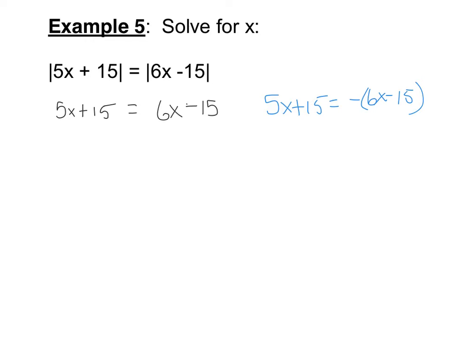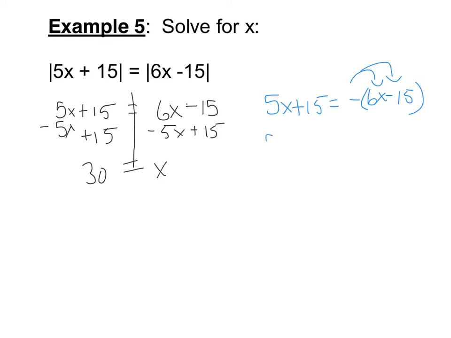Okay? So let's go back to the first one here. I would subtract the 5x, add the 15, so you get x equals 30. Okay, now go over here, move over to the next one, distribute the negative out, so you get 5x plus 15 equals negative 6x plus 15.